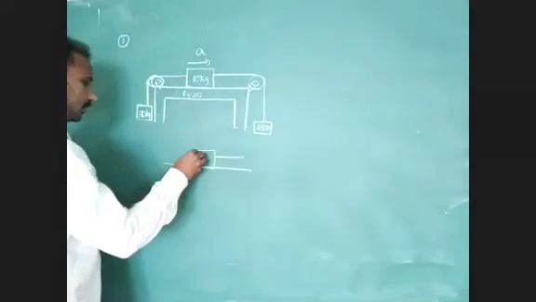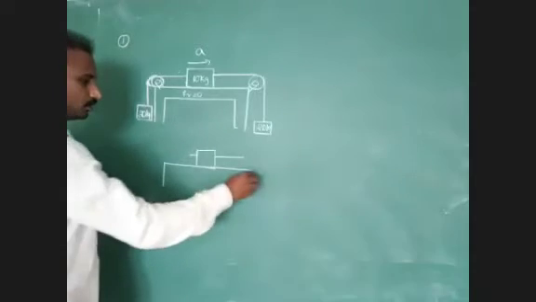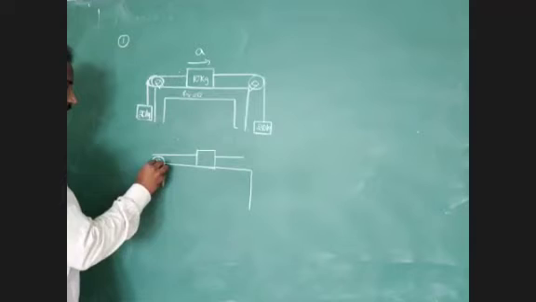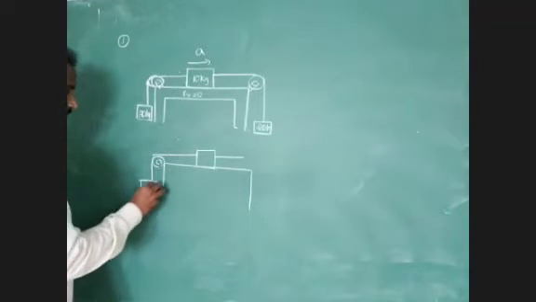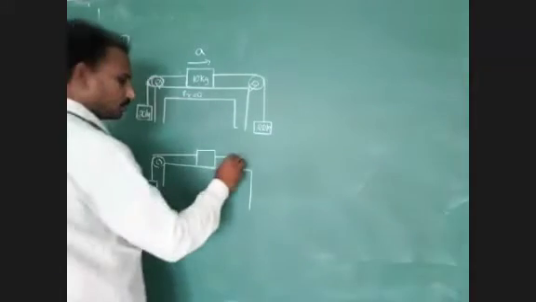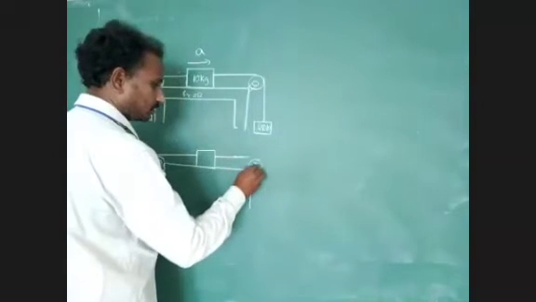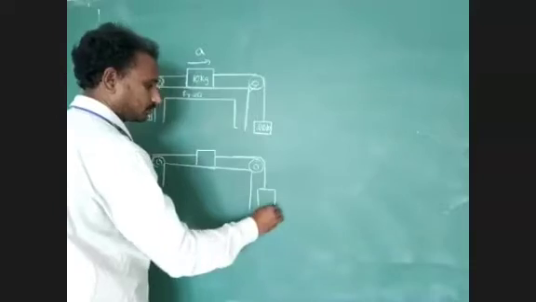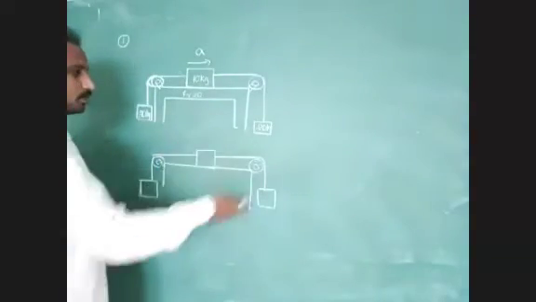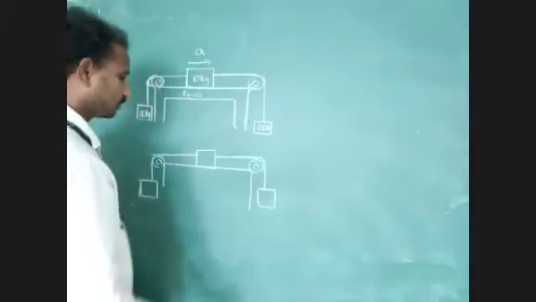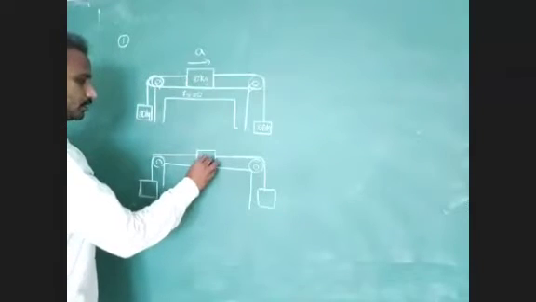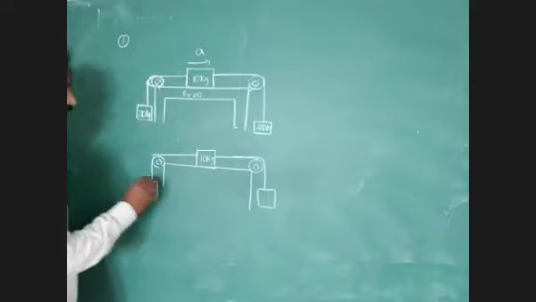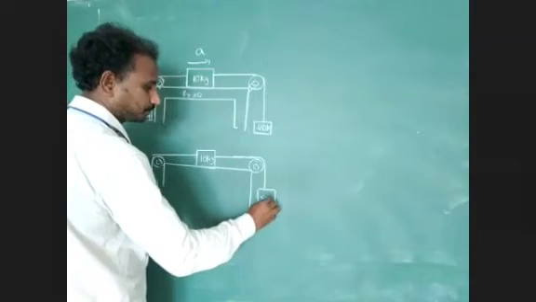Yeah, this body is connected to two blocks with the help of an inextensible string. Here the string goes over a frictionless pulley. Here the masses are 10 kg, another one 20 kg, another one 50 kg.